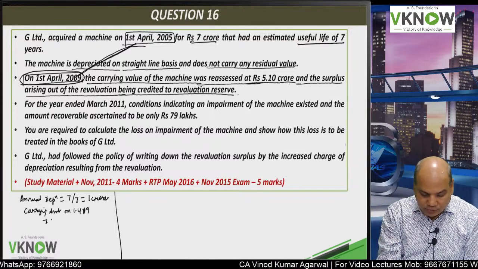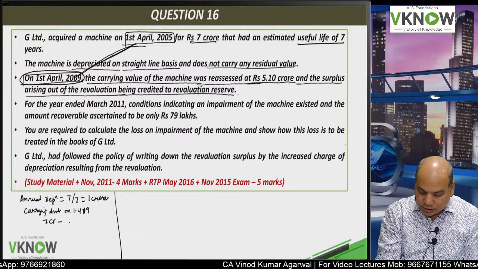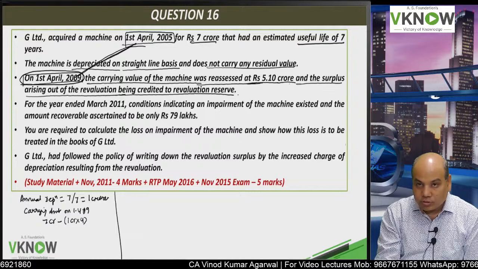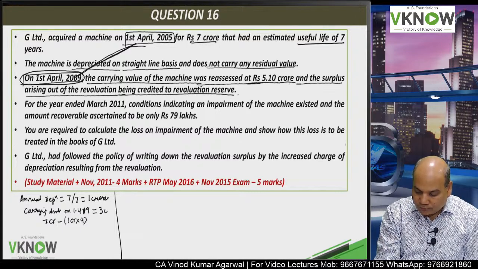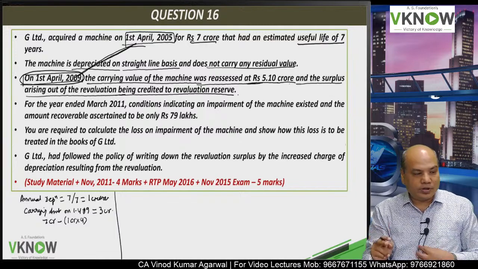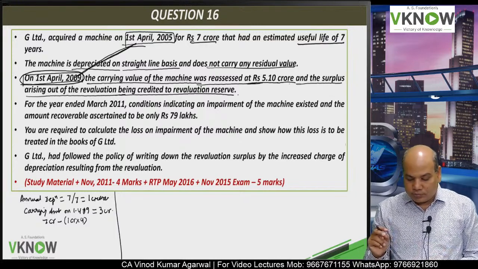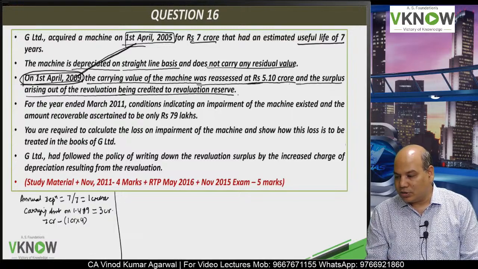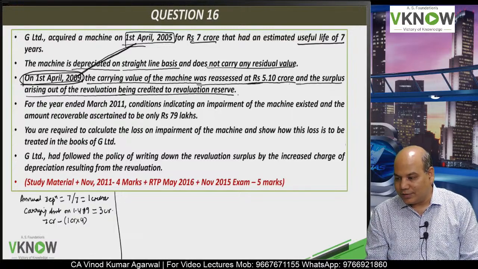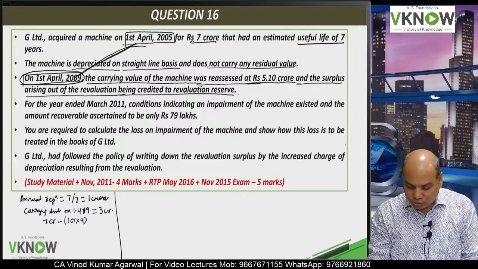So out of 7 crore, depreciation of 1 crore into 4 years, 4 crore depreciation has been provided. Therefore, carrying amount of the asset on 1st April 2009 will be 3 crore. Do you agree?